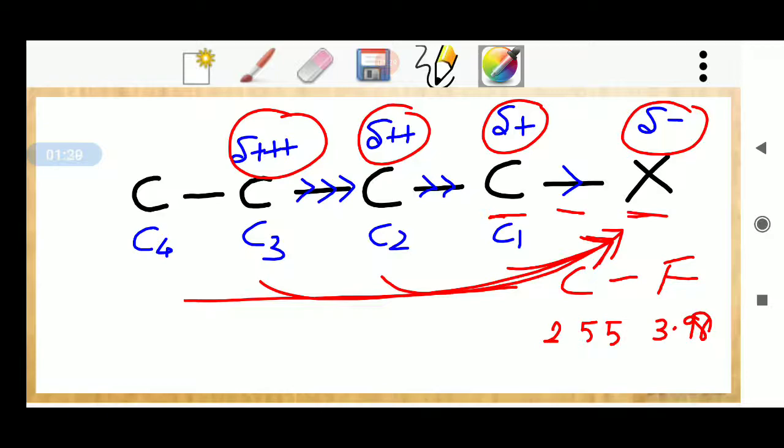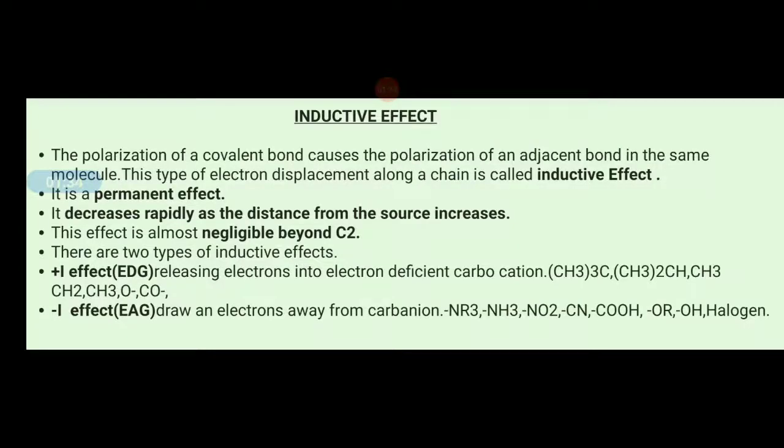Now see the definition of the inductive effect. The polarization of a covalent bond causes the polarization of an adjacent bond in the same molecule. This type of electron displacement along a chain is called the inductive effect. It is a permanent effect.